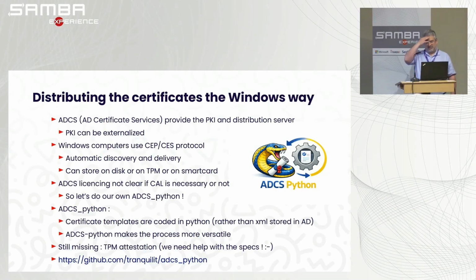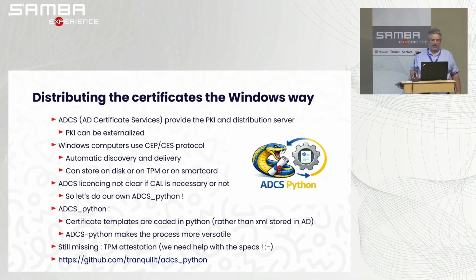Even if you have your PKI working, one of the issues is how you get the certificates to the end users and to the computers. There is a Microsoft solution for that: Active Directory Certificate Services. It provides the PKI and the distribution server, and the PKI can be externalized.